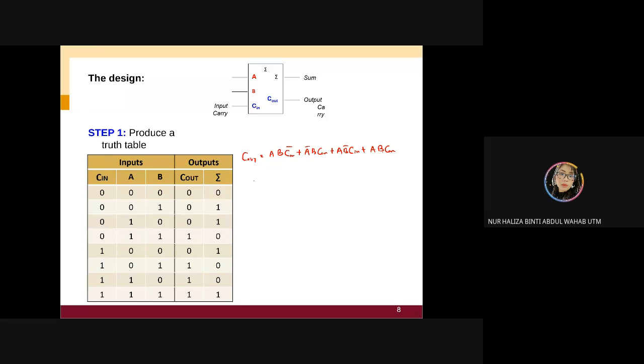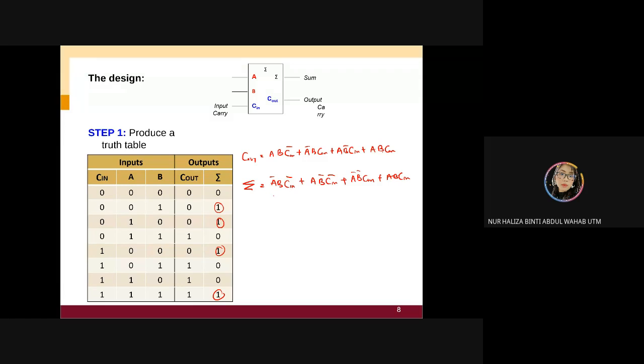And the sum will be A bar B C in bar plus A B bar C in bar plus A bar B bar C in plus A B C in.